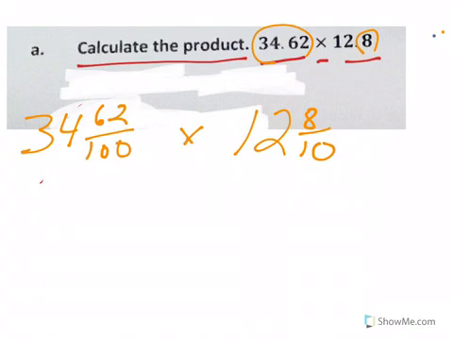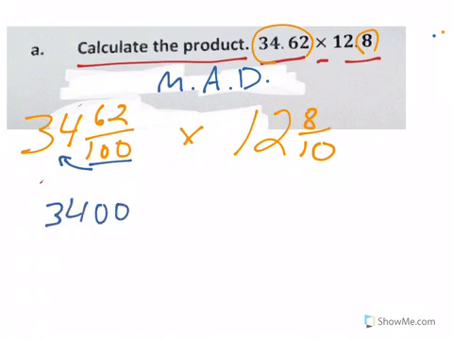I'm not going to multiply these as mixed numbers. I'm going to create improper fractions. So I know we're going to use our multiply, add, denominator stays the same. So I know we're going to be looking at 100 times 34, which is 3,400, plus 62, which is 3,462, and then my denominator is going to stay the same.